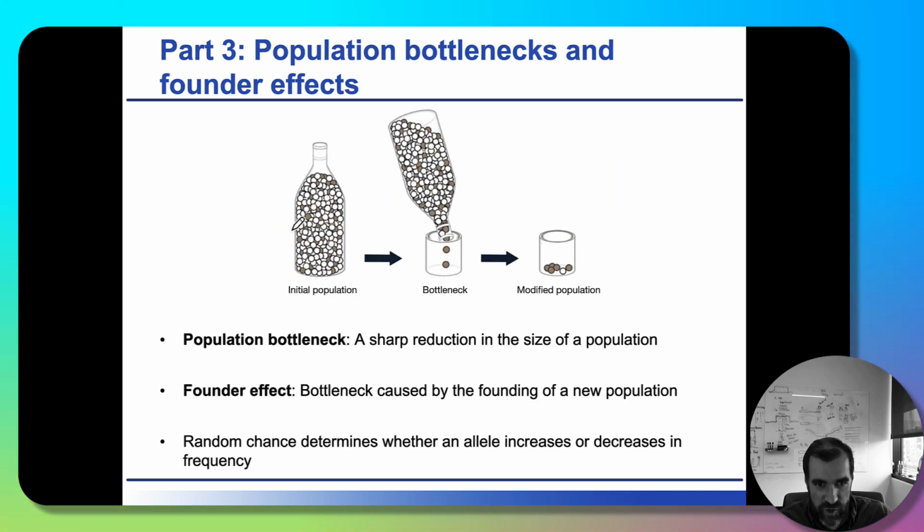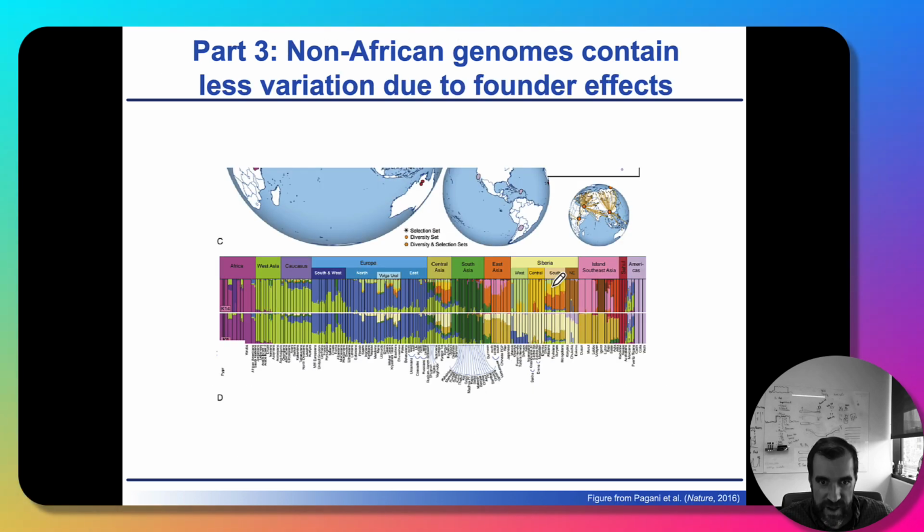So the initial population can be very large and have a mixture of different alleles, but if you select a very small number through this bottleneck or through this founder, you can have very profound changes in allele frequencies because of that. And this can actually be seen in non-African populations.